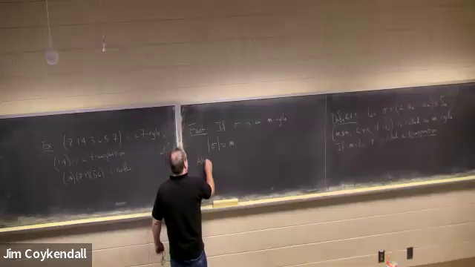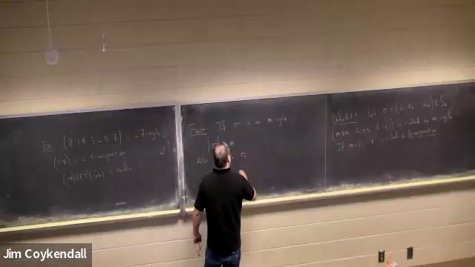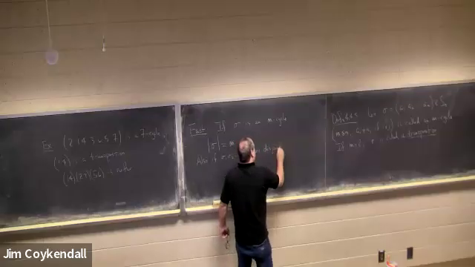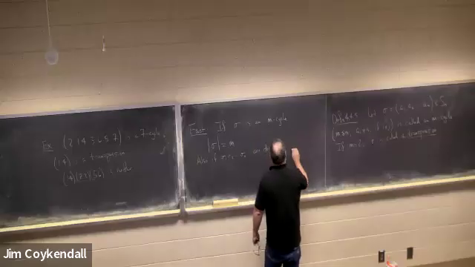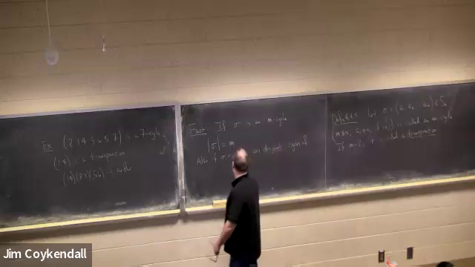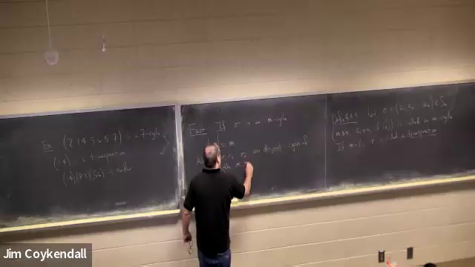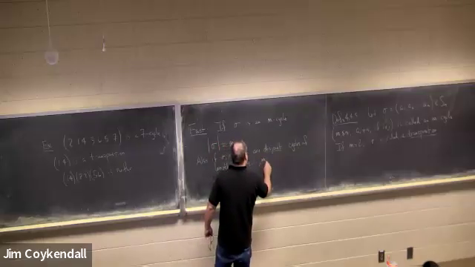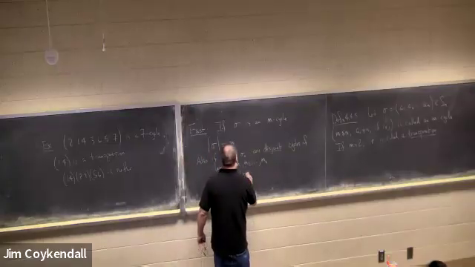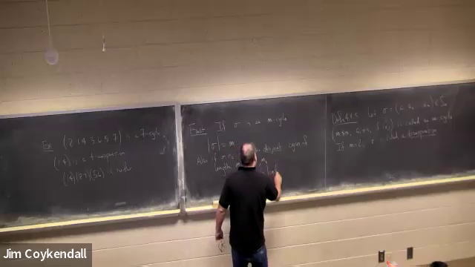Also, if sigma 1, sigma 2, through sigma t are disjoint cycles of lengths m1, m2, through mt respectively, then the order is the least common multiple.